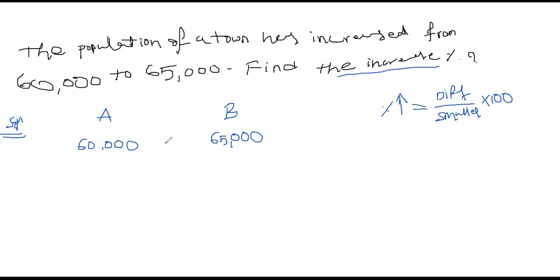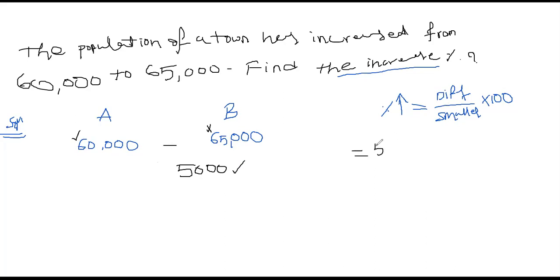The difference between 65,000 and 60,000 is 5,000, right? Difference of B minus A is 5,000. And what we require is the smaller number. A is smaller because this is 60 and this is 65. So now we have all the data.